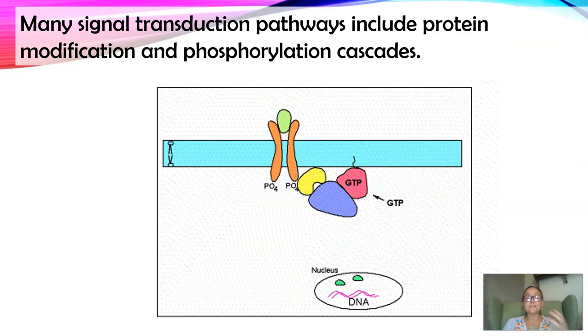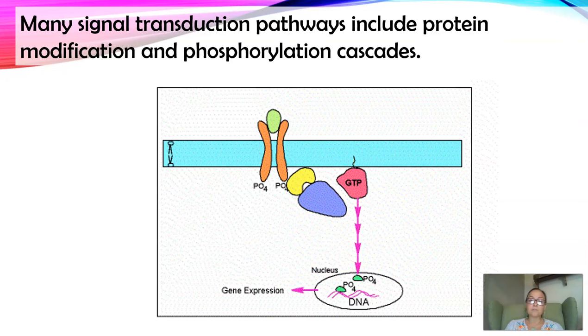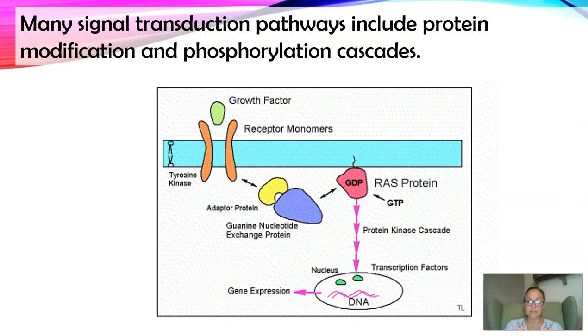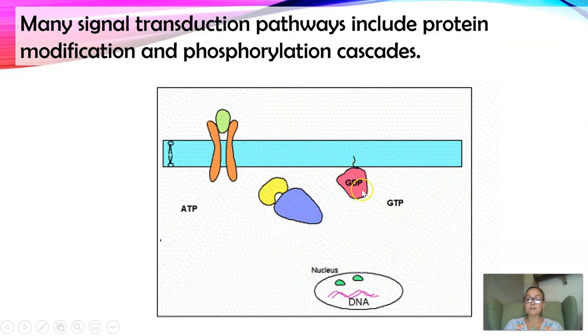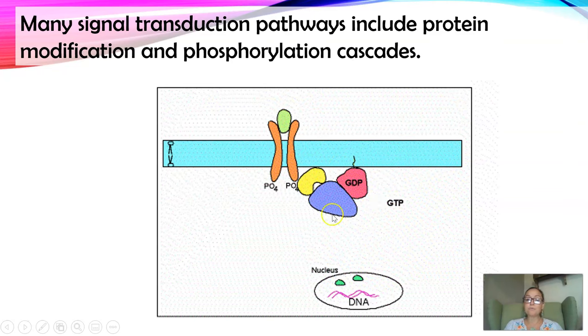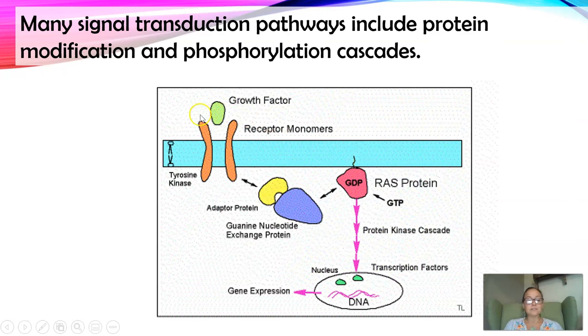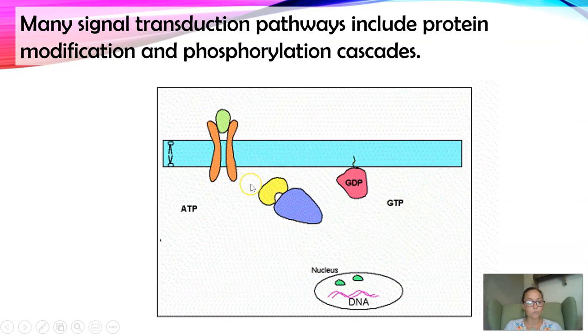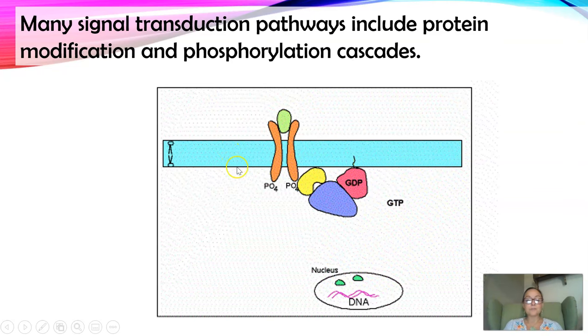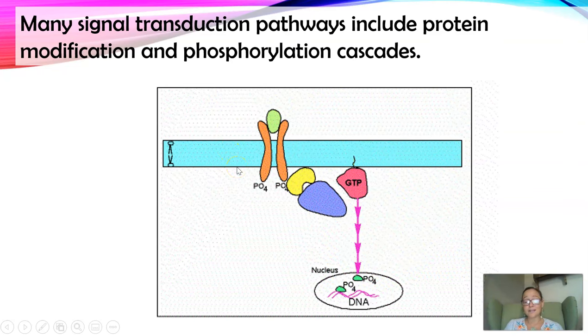So when we talk about these signal transduction pathways and protein modifications, one example here is you can see how this GDP protein becomes active as GTP. That's a protein modification. But you also see these tyrosine kinases, these orange proteins that represent receptor tyrosine kinase.